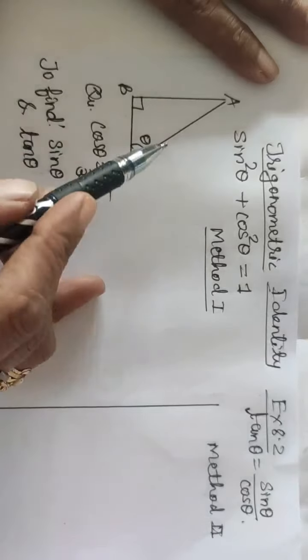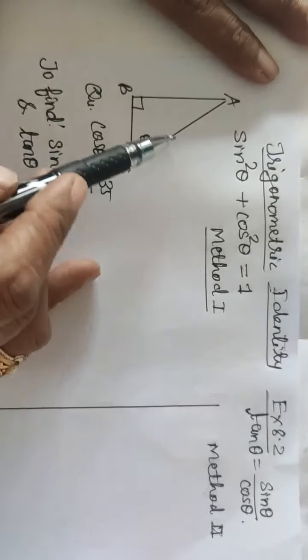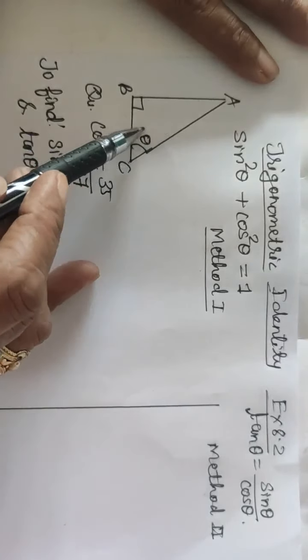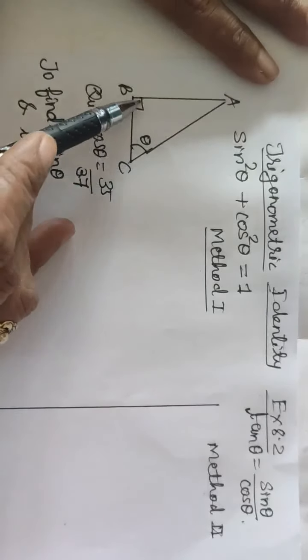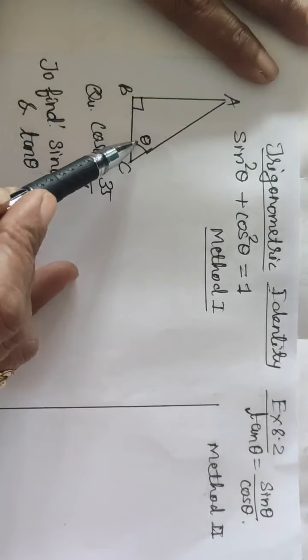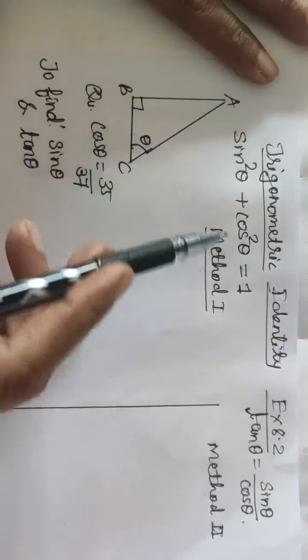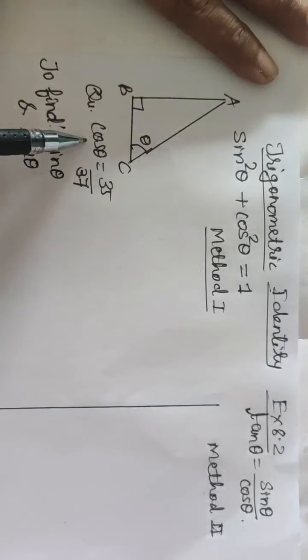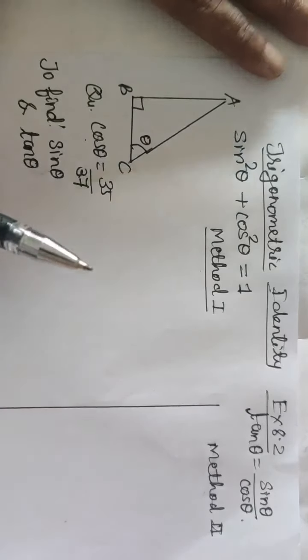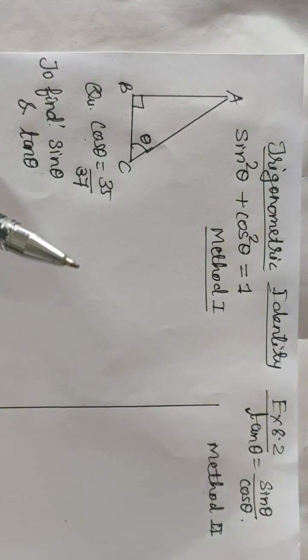Now here I have drawn one figure. For method 1 you need a right angle triangle. So this is any right angle triangle. Here angle B is 90 degrees and C I have taken as theta. You can take A also as theta. Now the question is, you are given cos theta is equal to 35 by 37.